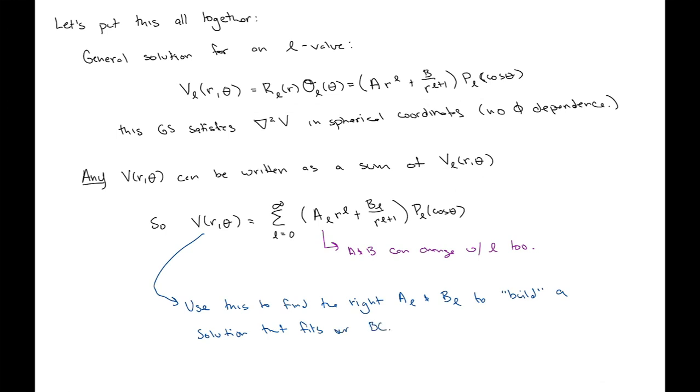I'm going to show you a little bit more about these Legendre polynomials in Mathematica, and then we'll do some examples to show you how you go about this in spherical coordinates.